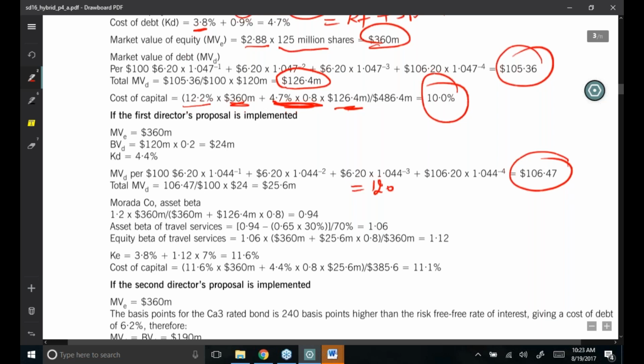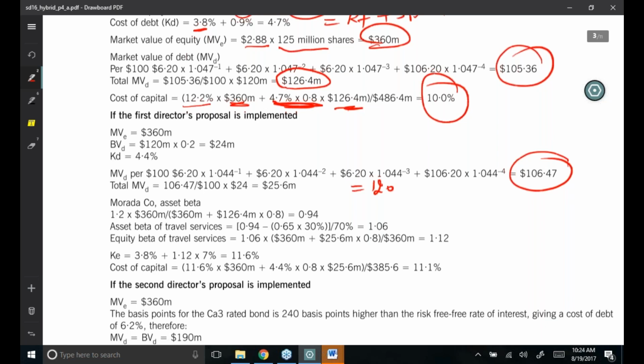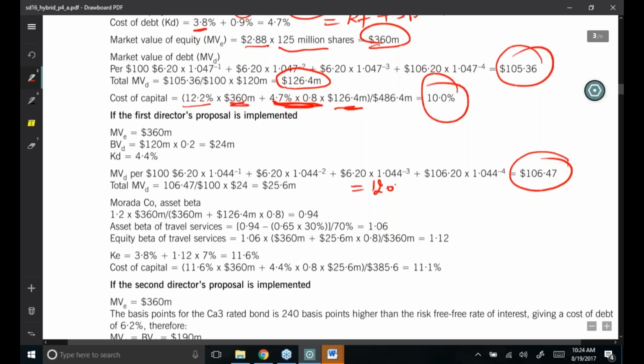But if you pay 80% of the loan in the first director's proposal, the fund which you raise after selling the maintenance division will be used to pay off your existing debt. So the 120 million debt will now only be 20%. Divided by 100 and multiplied by 106.47, the market value of debt will be 25.6.